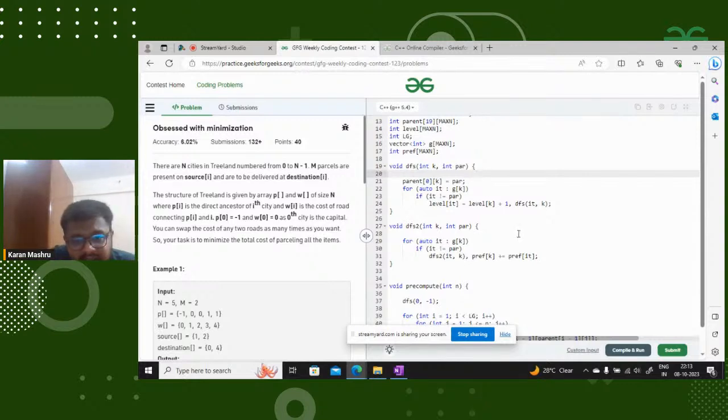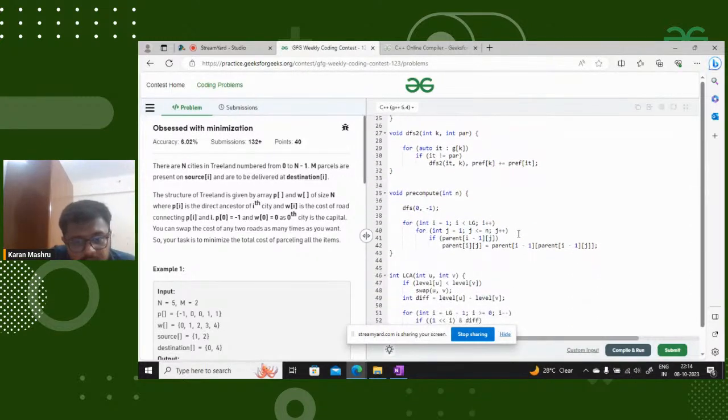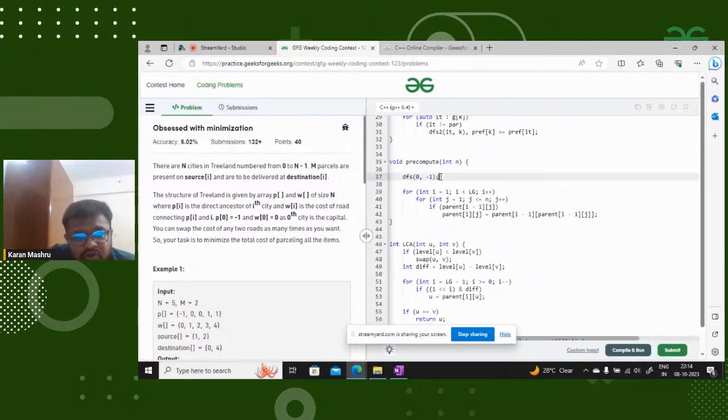Okay, and then in the DFS we will compute the parent at 2 to the power 0, and we will compute what level. Then i is equal to 1 and less than LG. So LG is the maximum level possible. Okay, and for all the nodes from 1 to less than or equal to n, if parent of j at a distance 2 to the power i minus 1 is not equal to 0, then only we are calculating it.